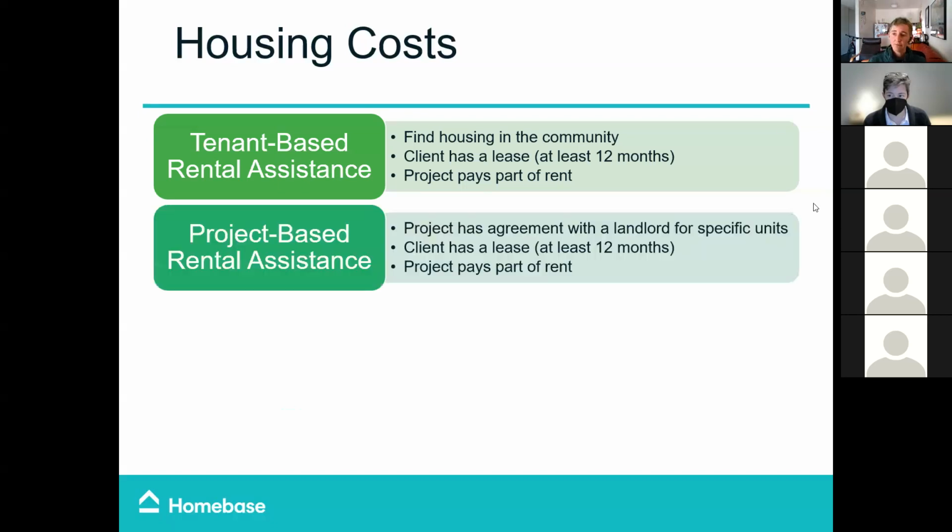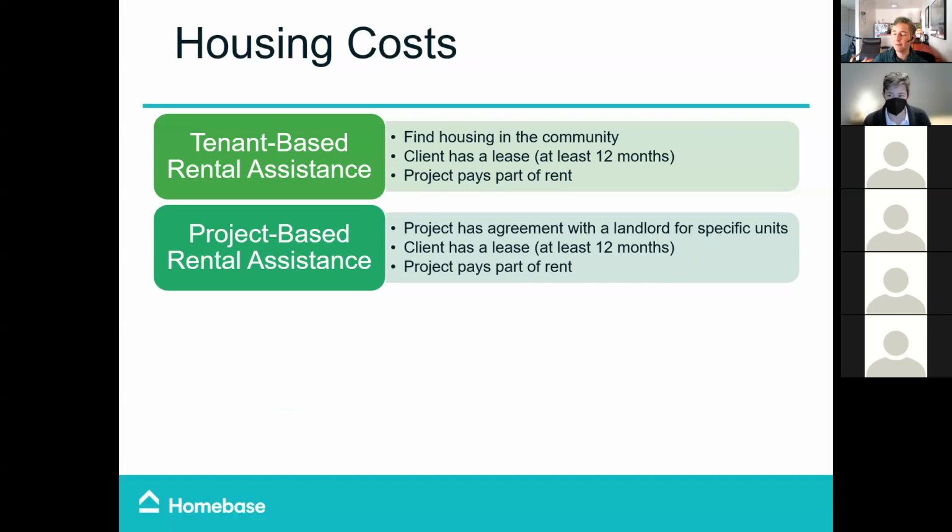There is another type of rental assistance that's available called project-based rental assistance. In this situation, the rental assistance is tied to a specific unit or set of units. So the project would enter into an agreement with a landlord for a specific unit. The client would have a lease, but that lease would be with the project.